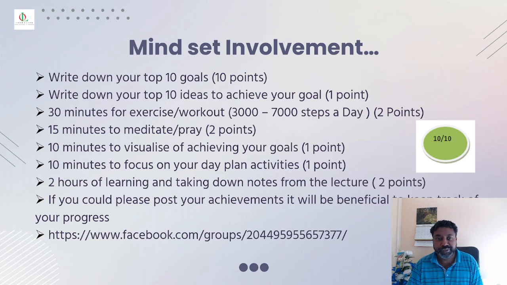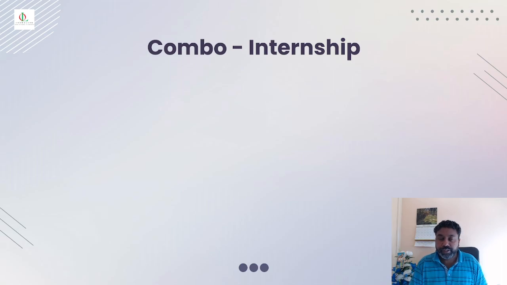If you want to go to the gym, do something in the gym, and at least please spend 15 minutes to meditate and pray, and also 10 minutes visualizing your goals, and about 10 minutes to plan your day, and 2 hours of learning. So all this will fetch you 10 points. Whatever you are able to do in the day, please do that, and then please share that achievement in the Facebook group, so everyone else will follow that and get motivated and help each other out to learn further.